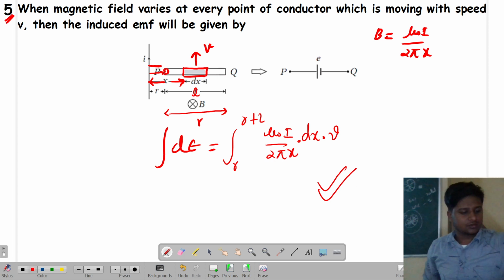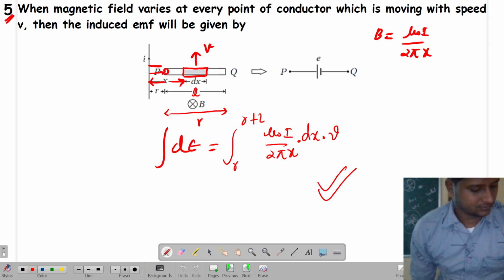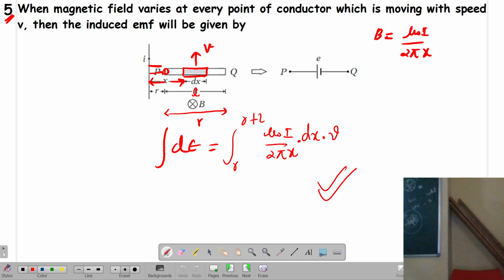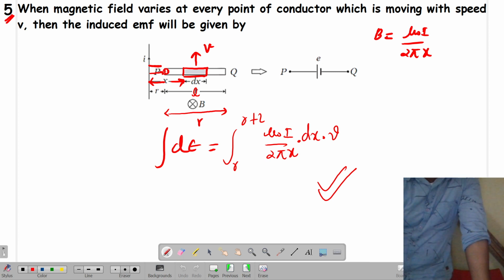Is it okay or not? So try to complete all of this. Tomorrow we'll complete self induction, mutual induction. Okay. 1 minute.